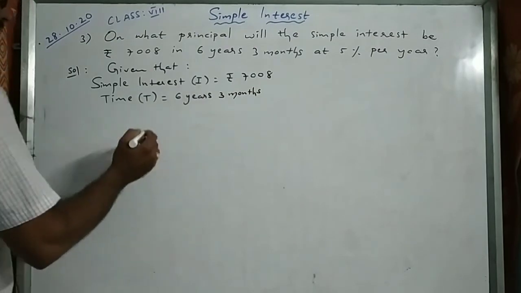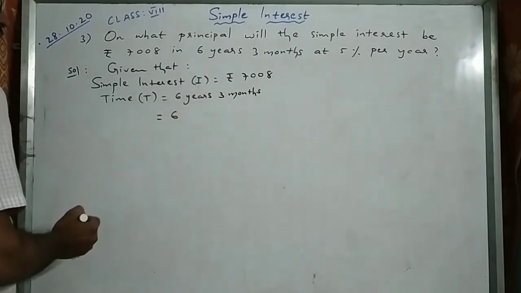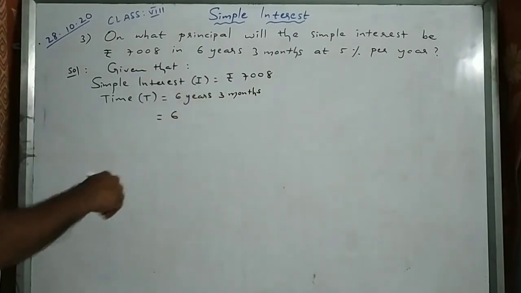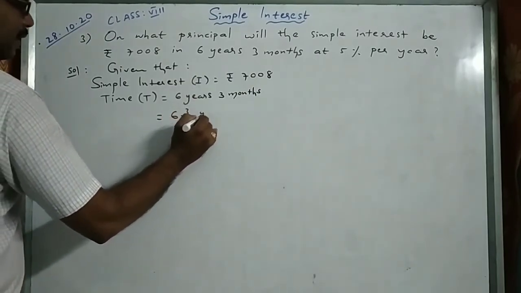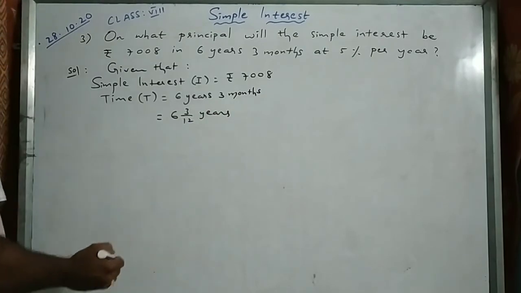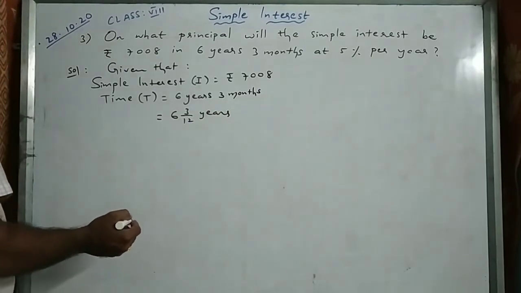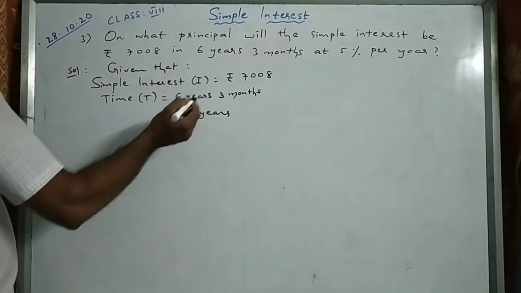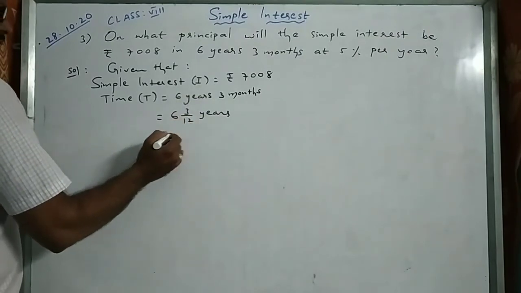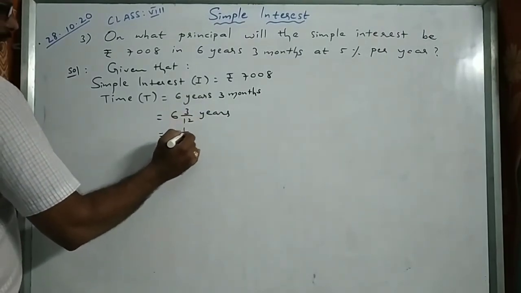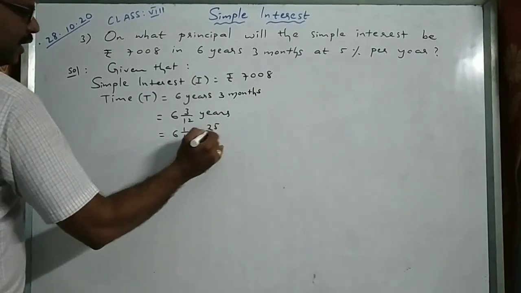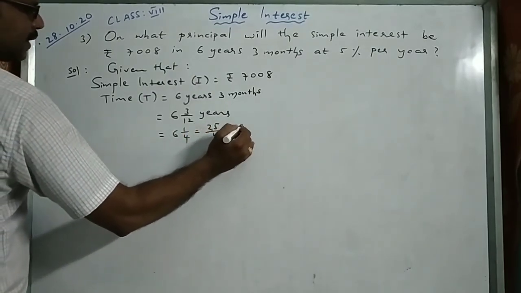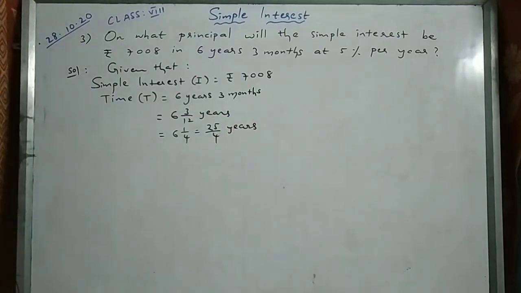So I can write like this: 6 years write as it is, 3 months should be changed into years. So we write 3 by 12 years, because 1 year equals 12 months. So months to be changed into years here. 6 and 3 ones are 3, 3 fours are 12, so 6 fours are 24 plus 1, 25 by 4 years. Time is there.